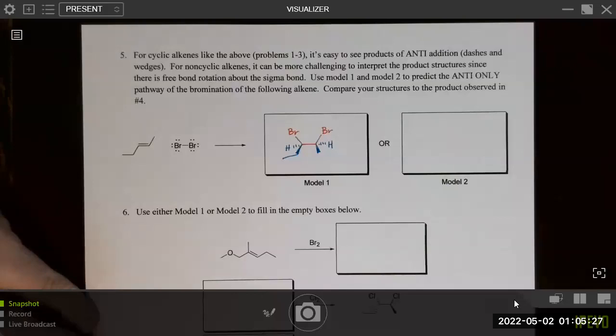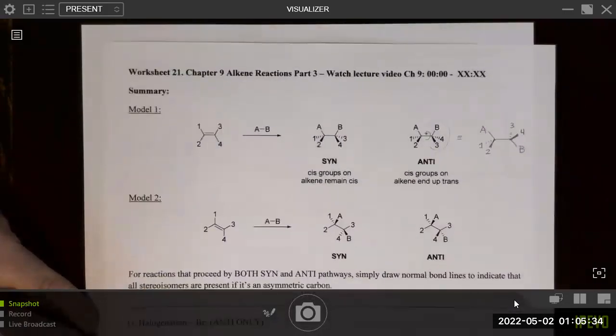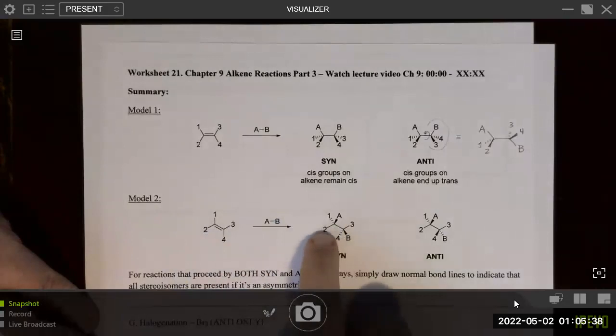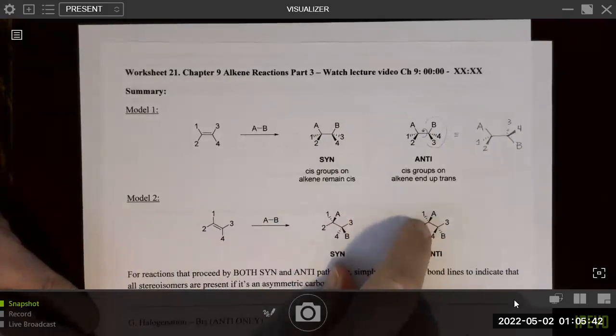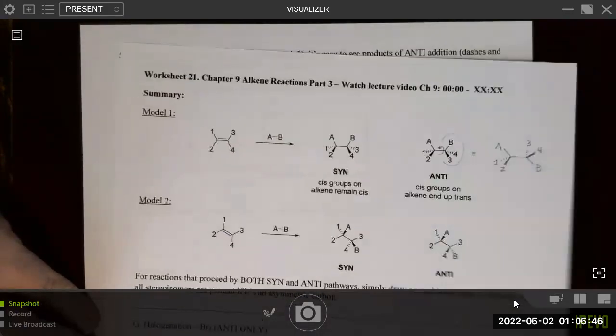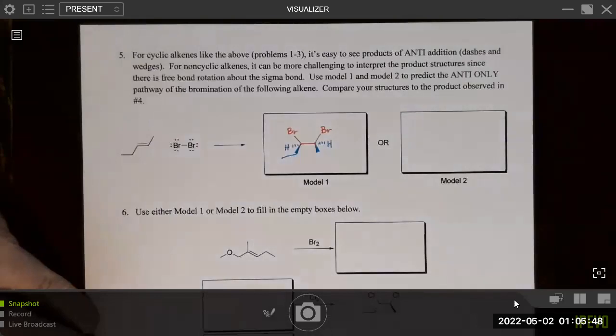What about model 2? What model 2 does is it keeps the carbon backbone in the plane. So notice how 2 to 3 has stayed in the plane with the regular line. And then the anti-addition product will show one group on a wedge and one group on a dash. So let's practice that as well.